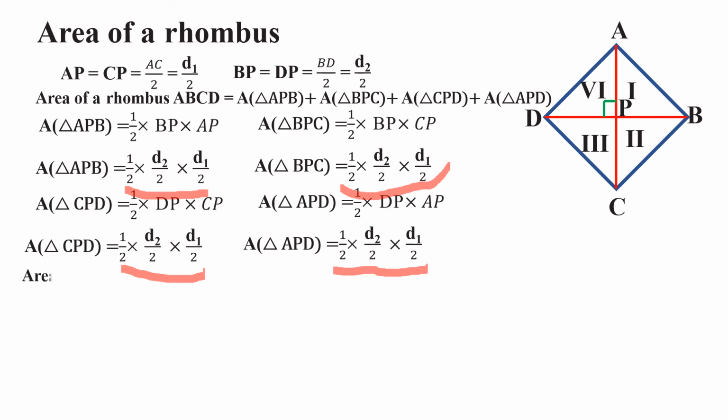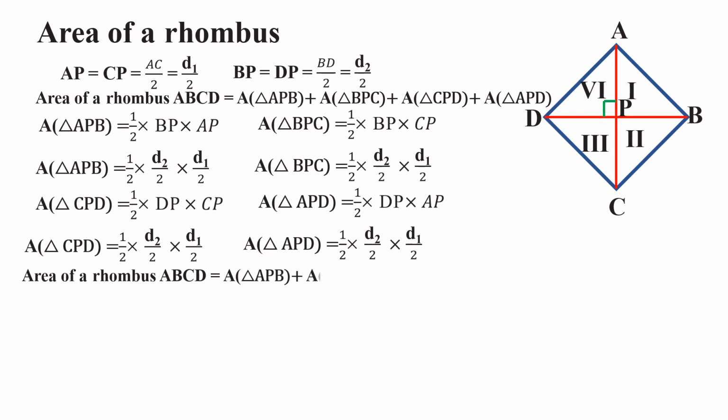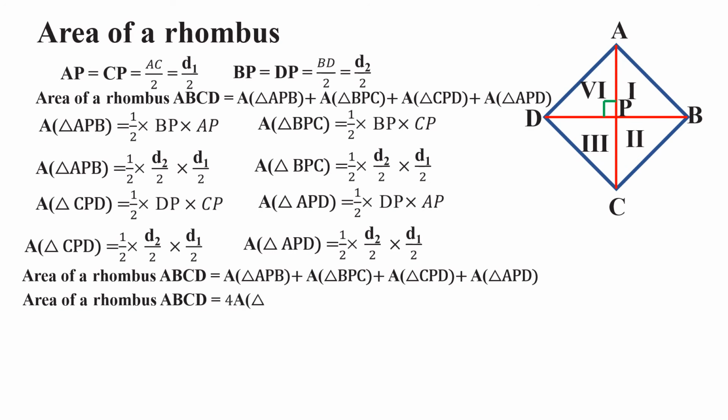So we write down: area of rhombus ABCD is equal to the sum of all 4 triangles. We convert this into area of rhombus ABCD is equal to 4 times area of triangle APB.